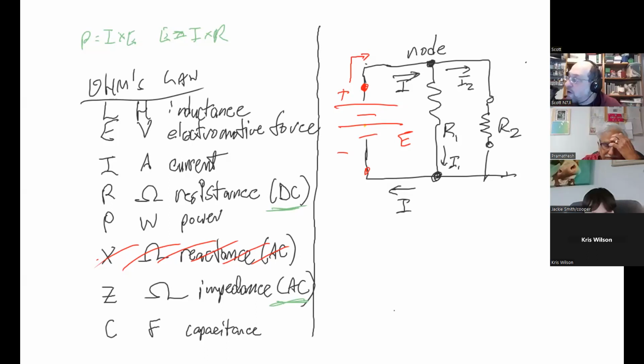Same. However, this is known as being in parallel because these two lines are parallel. The current can split, and both of the resistors experience the exact same voltage from the battery, which means the more things you put on it, the more you require of the battery. Like I could add more parallel resistors here and more parallel resistors.